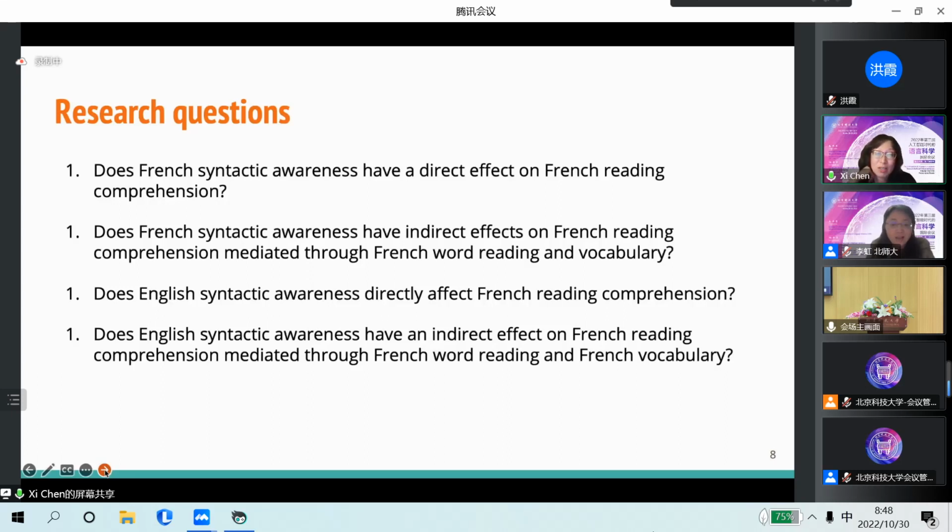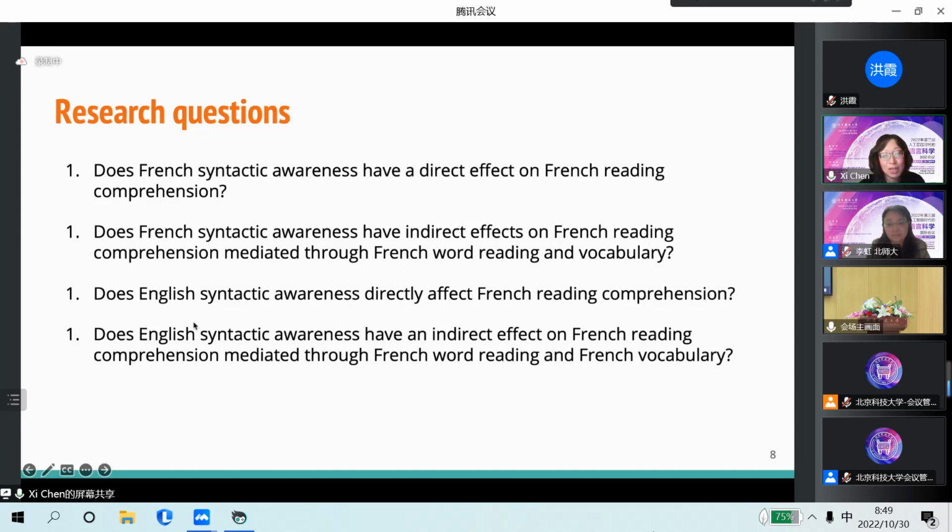We're interested to see whether within French, syntactic awareness was predictive of reading comprehension. We were also interested in indirect effects, to see whether French syntactic awareness will have indirect effects on French reading comprehension mediated through French word reading and French vocabulary.